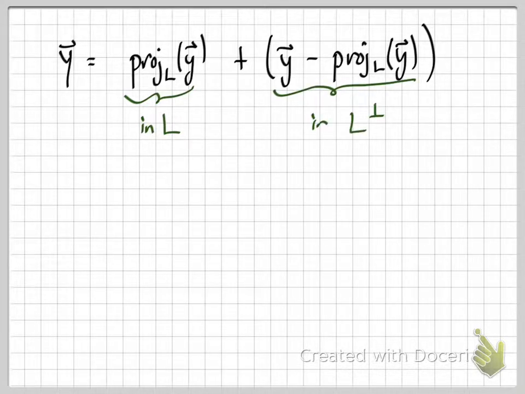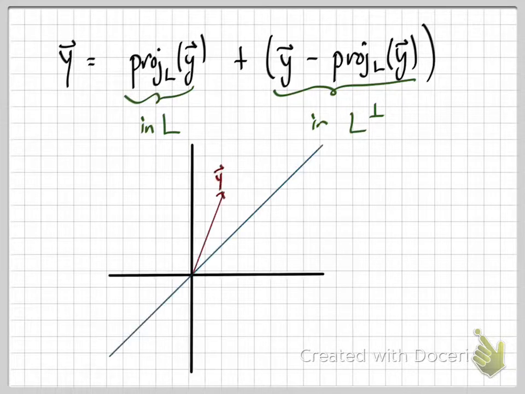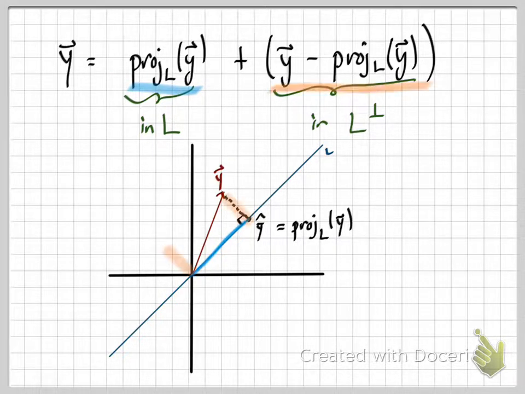And so we've decomposed this vector y in R2 into some portion that's in the line and some portion that's perpendicular to the line. So that's the projection that's in the line. The portion perpendicular to the line is shaded here in orange, and if I shift that up, we see that they add up to y.